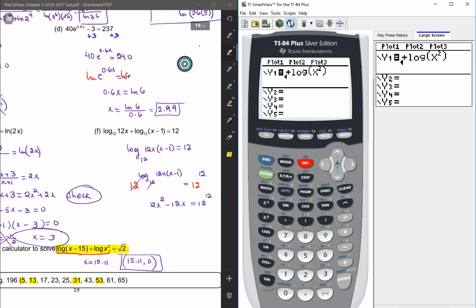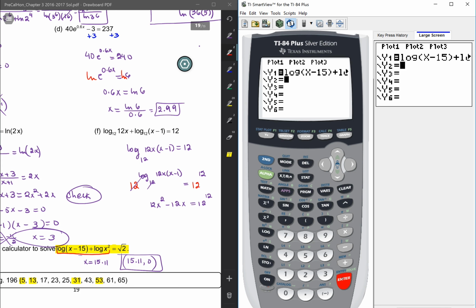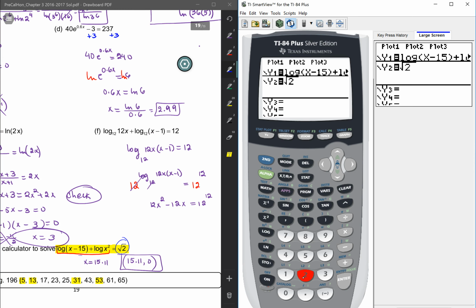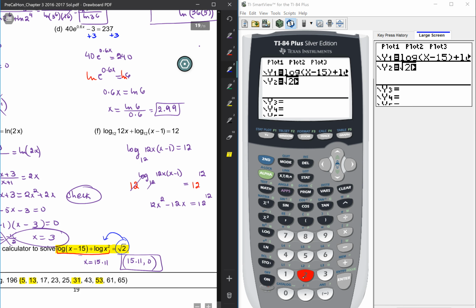Okay, enter, and just type in root 2 in y2. Now I'm going to check where these two graphs intersect, right? So we either move this over, graph it, and see where the x-intercepts are, where it crosses 0, or I graph them separately and see where the two of them intersect.